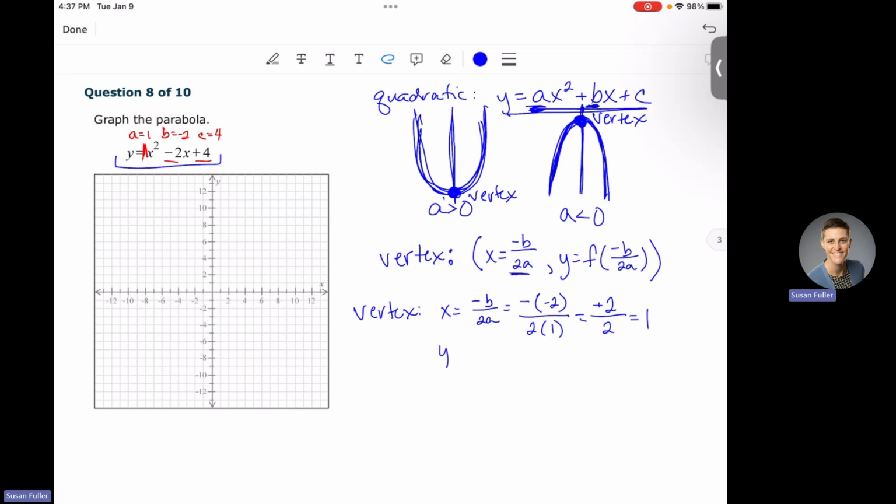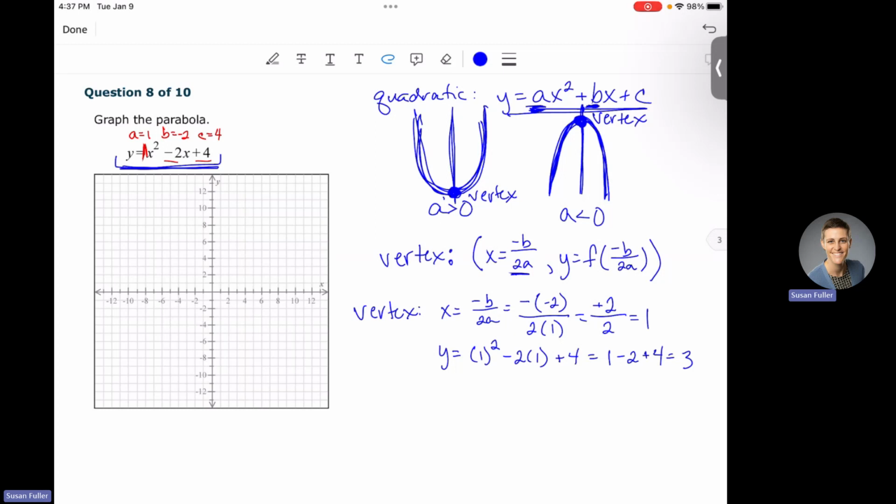And now to find my y value, I'm going to take x equals 1 and plug it into my function here. So y is going to be 1 squared minus 2 times 1 plus 4. Okay, so that's going to be 1 minus 2 plus 4. 1 minus 2 is -1 plus 4 gives me 3.